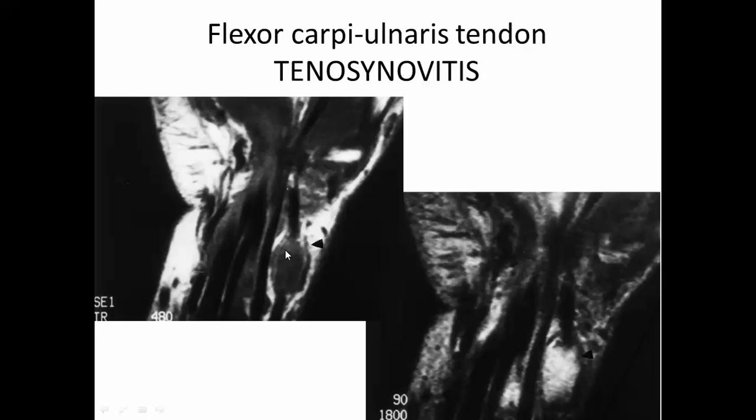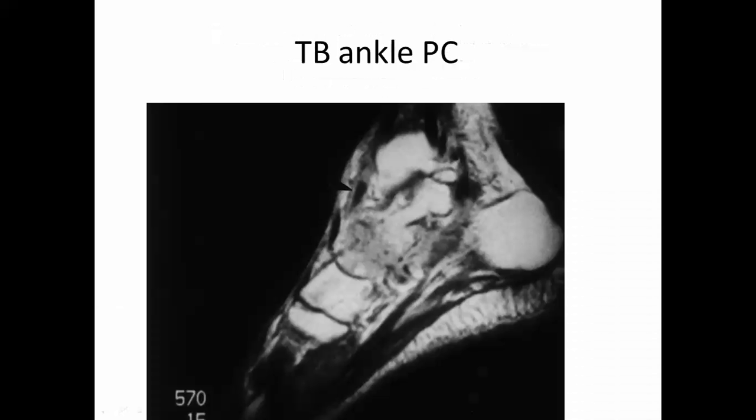Now this is a tendon whose sheath is inflamed and thickened as T1 low, T2 high, tenosynovitis. This is an ankle showing minimal enhancing small abscess here with destruction of the bones nearby, tuberculous process.